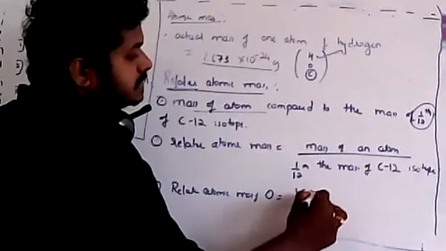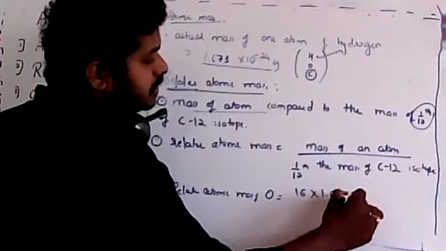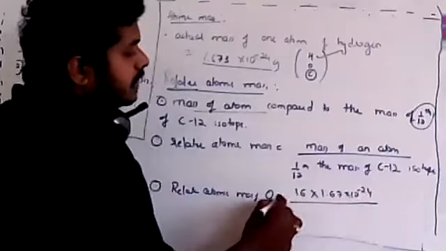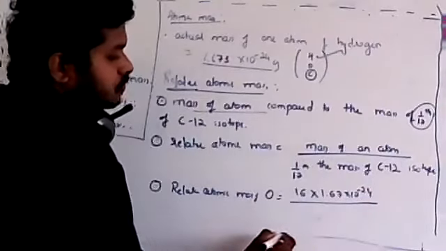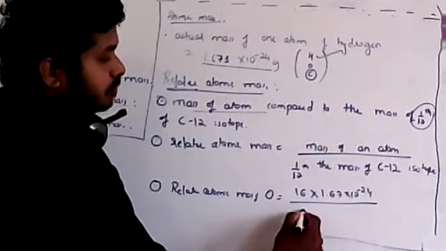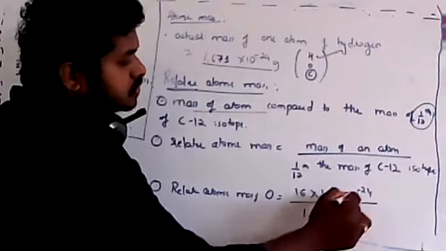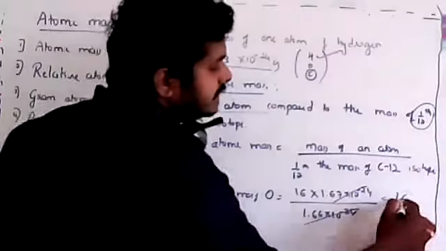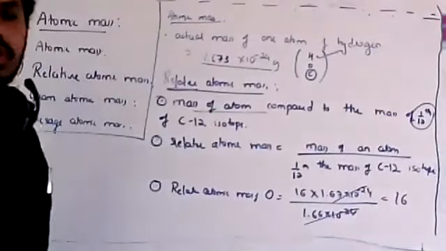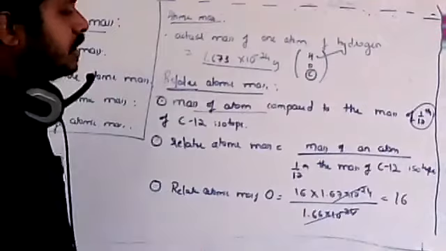It will be 16 × 1.67 × 10^-24 divided by 1/12 the mass of carbon, which is around 1.66 × 10^-24. Almost it will cancel out. So what you'll get? 16.